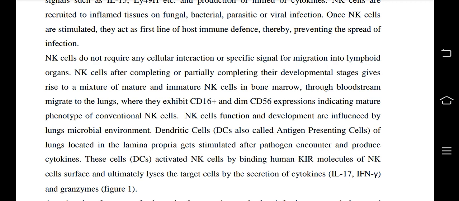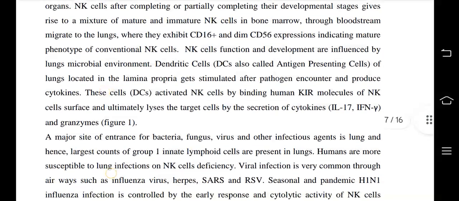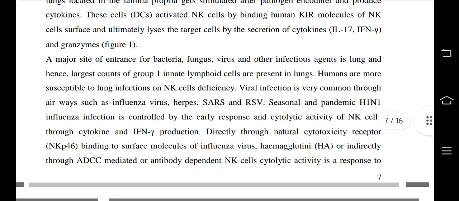Dendritic cells, also called antigen presenting cells, located in the lamina propria of the lungs, get stimulated after pathogen encounter and produce cytokines. These cells activate NK cells by binding human KIR molecules on the NK cell surface, and ultimately lyse the target cell by the secretion of cytokines IL-17, IFN gamma and granzyme. The lung is a major site of entrance for bacteria, fungi, viruses and other infectious agents, and hence the largest counts of group 1 innate lymphoid cells are present in the lungs.